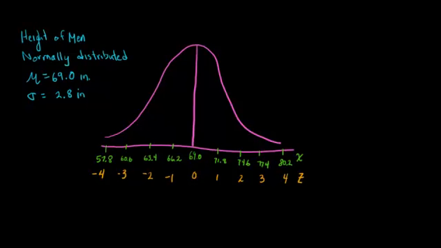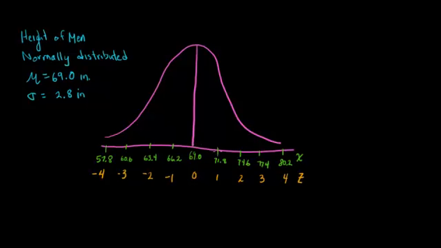So we actually did something like this before, looking at a normal distribution and standard deviations. This is that problem we looked at with the heights of adult males. It's a normally distributed data set where, as we said, the mean was 69 inches and the standard deviation 2.8 inches. I've reconstructed here what we did before. We put our mean on our number line, and then we just added 2.8 to get to the first standard deviation above the mean.